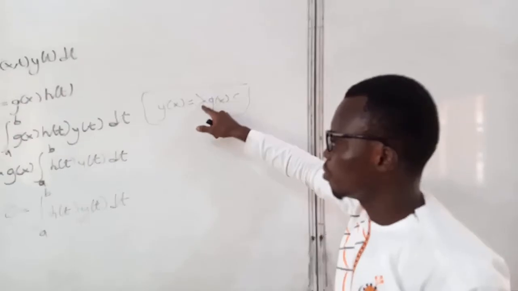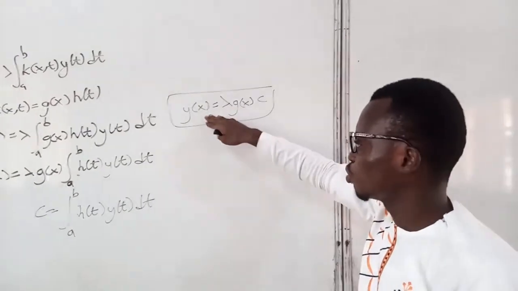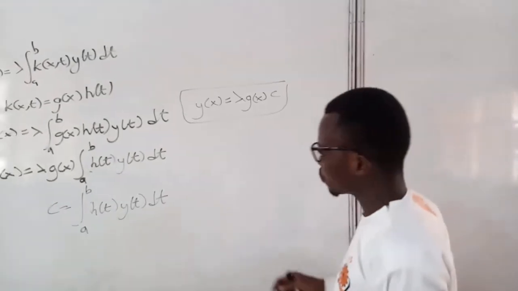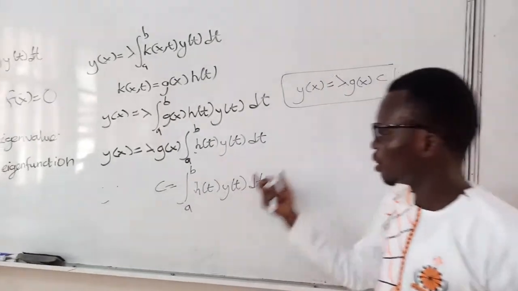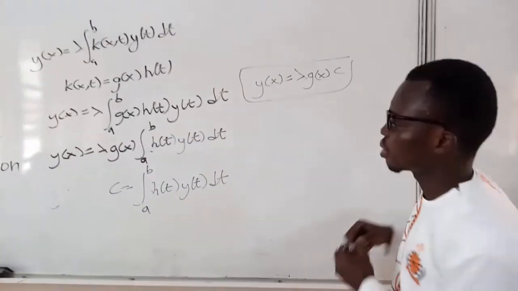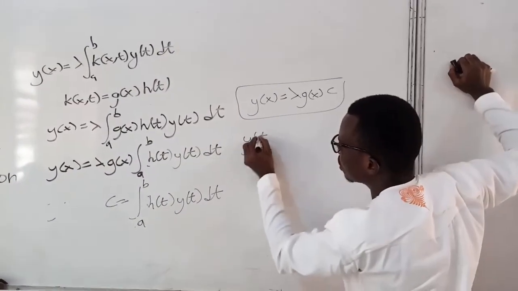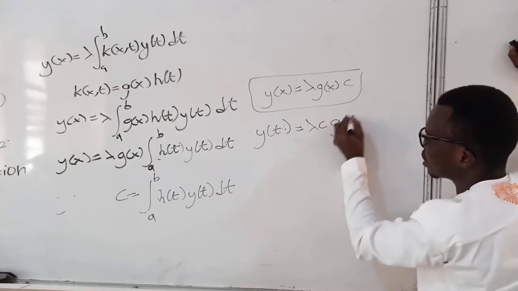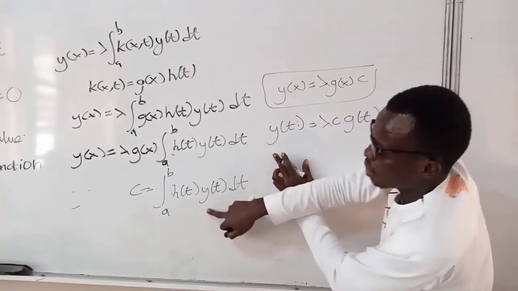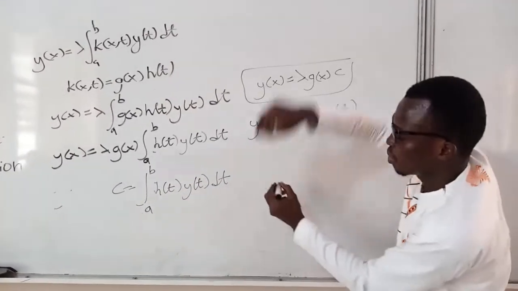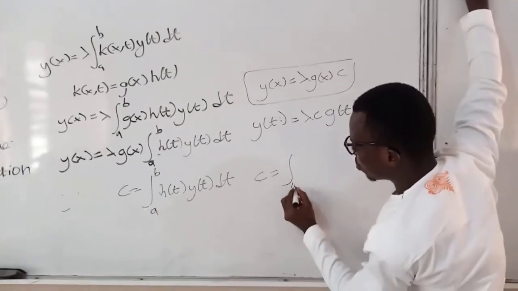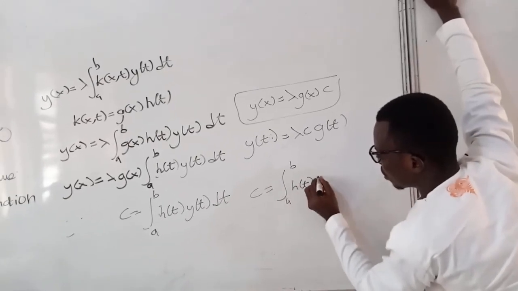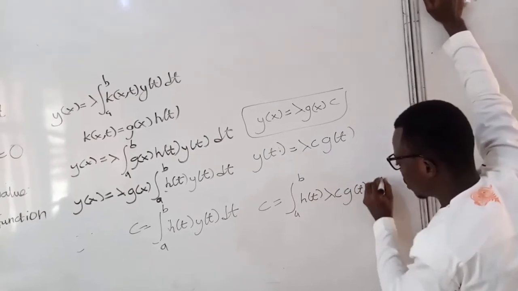So if we are able to solve for lambda, that's the eigenvalue, then you are able to compute the eigenfunction for that eigenvalue. Now we said c is equal to the integral of h(t) y(t) dt, so let's interchange the s here to t. So y(t) is the same as lambda c g(t). You have to substitute this y(t) into the equation. We have c equal to the integral from a to b of h(t) lambda c g(t) dt.